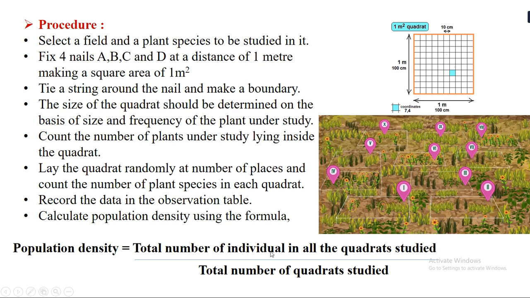So here N will be 10, and how many quadrants have you studied? There are 10 quadrants that you have studied. So 10 upon 10. This gives you the population density of that particular species.